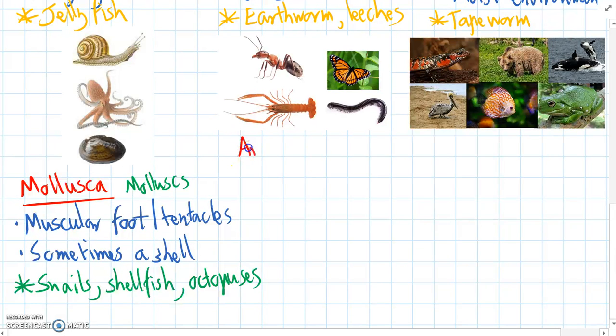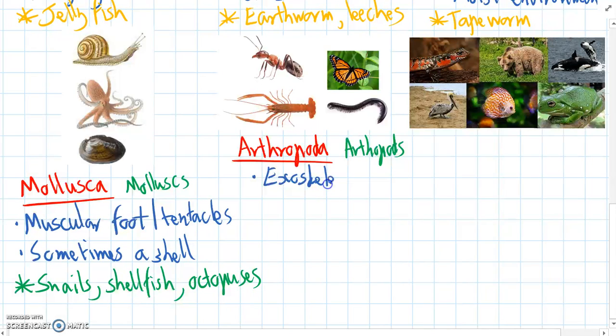The next group here is the Phylum Arthropoda, which are called the arthropods for short. And these animals all have an exoskeleton, which means their skeleton, they don't have bones inside their body, they have a hard outer case on the outside of their body to protect them.